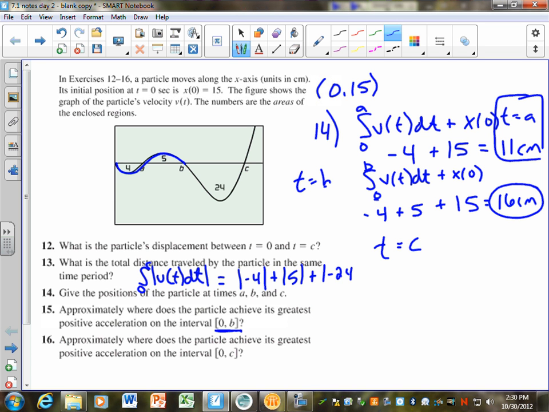Think about, we're talking about acceleration, and so acceleration would be the derivative of the velocity function. It's kind of a hard question, I think, but probably you looked at the back of the book on this one, and you saw that it said it happens at t equals a seconds.